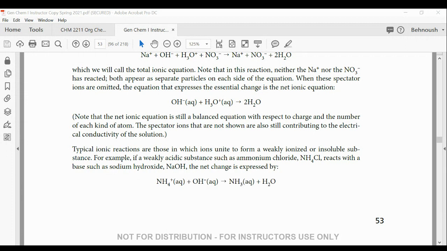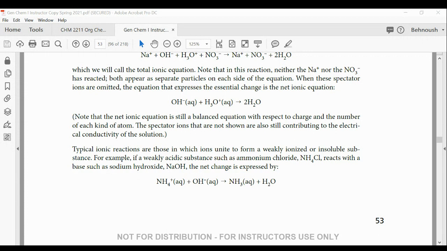So your compound must be ionic, must contain ions, and the ions must be mobile. So solid NaCl is not an electrolyte, but NaCl in water, because the ions are moving around, is going to be an electrolyte. So we have the 3 categories for strong electrolytes.